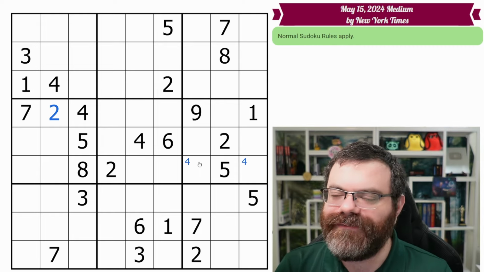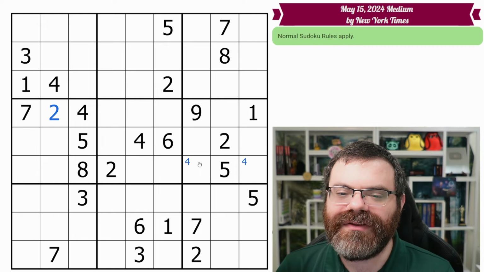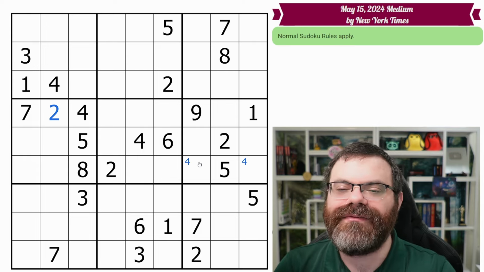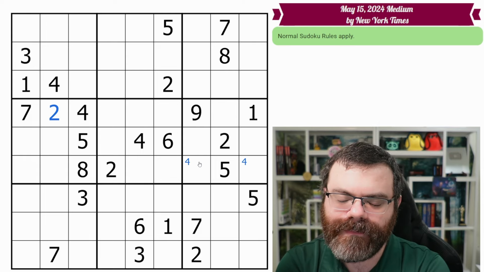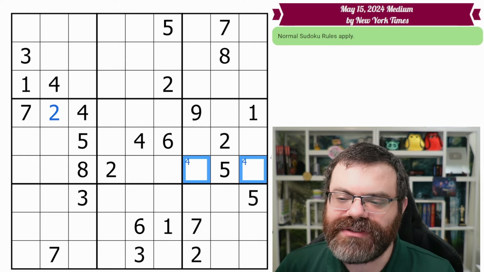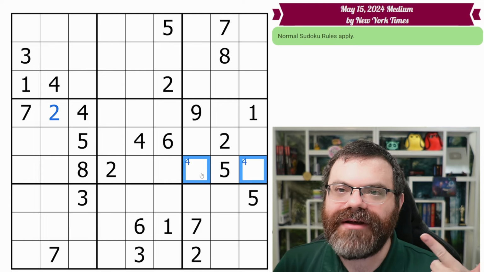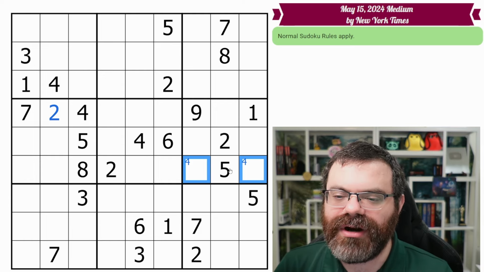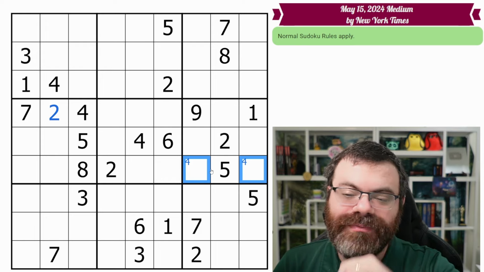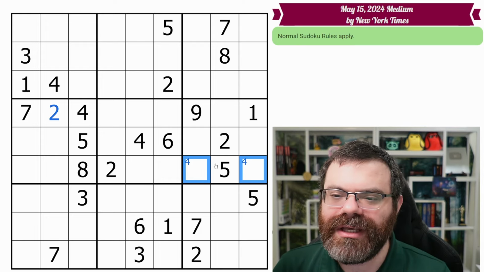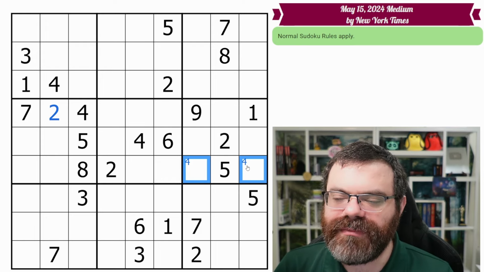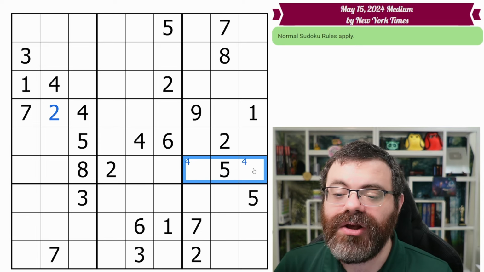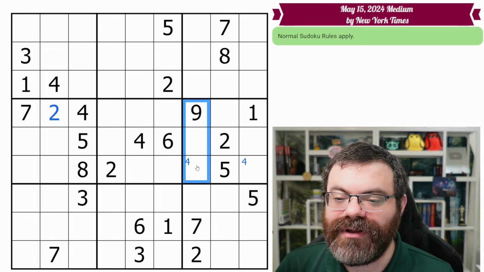You want to only mark things that are going to be helpful, the most helpful. And then if after all that, you didn't find enough to solve the puzzle, then you go to the next step down of what's maybe a little less helpful. But these 4s, if we're ever down to 3 or fewer places in a box, we will mark it. For 2 places in the box, we're always going to mark it. For 3 places in a box, we're only going to mark it if they're all in a line, all in the same row or all in the same column.